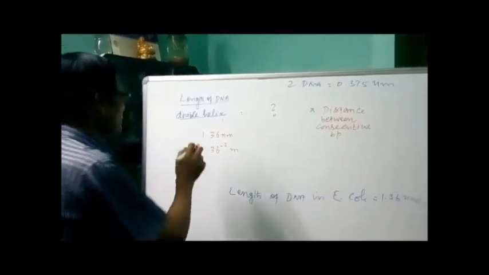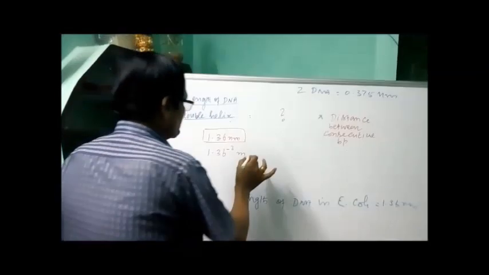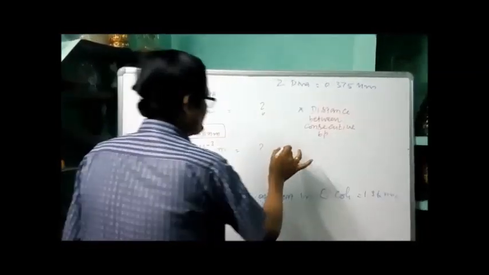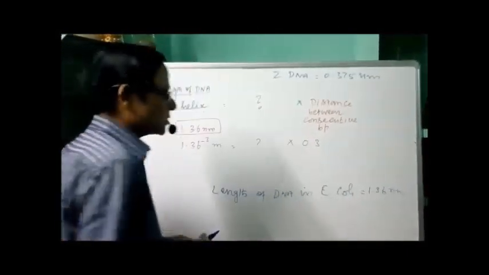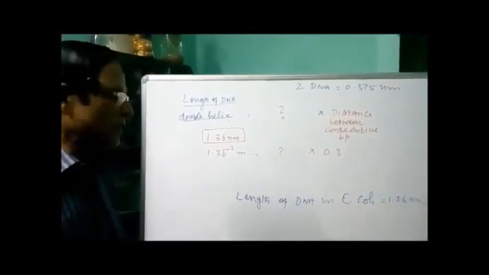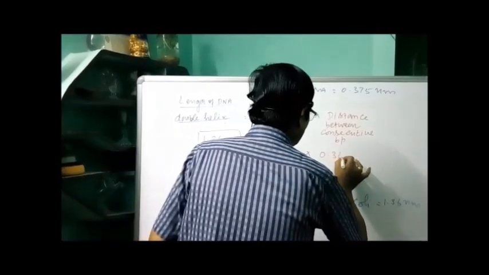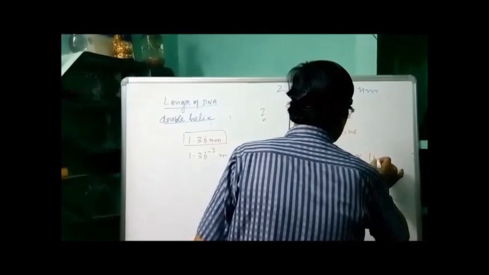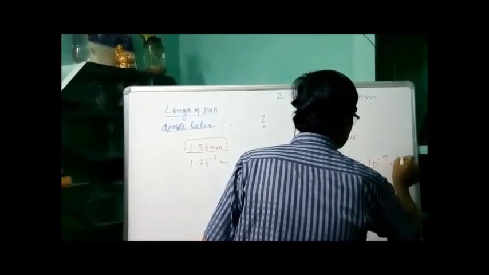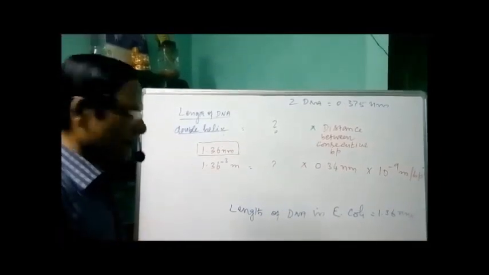I am converting this value into meters first. The distance between two successive nucleotides, or consecutive bases, is 0.34 nanometer. We have to calculate in terms of meters, so 10^-9 meter per base pair. This is what we have to calculate.